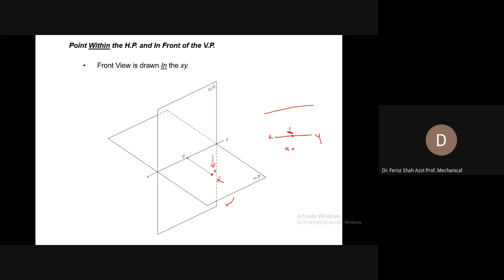So if the point is within the horizontal plane, its front view is also coming within the XY reference line. If the point is behind the vertical plane and still within the horizontal plane, its front view is again coming at this position within the XY reference line.